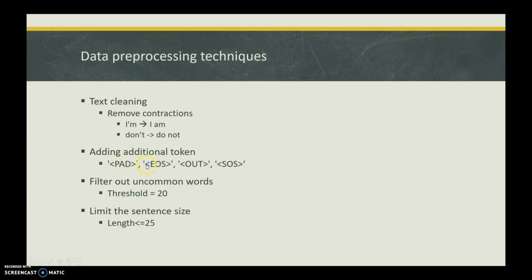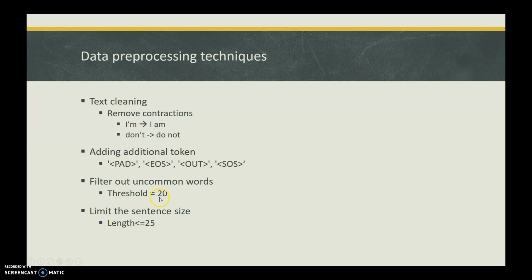EOS is the end of the sentence. SOS is the start of the sentence. And out means words whose frequency is low in the learning process.